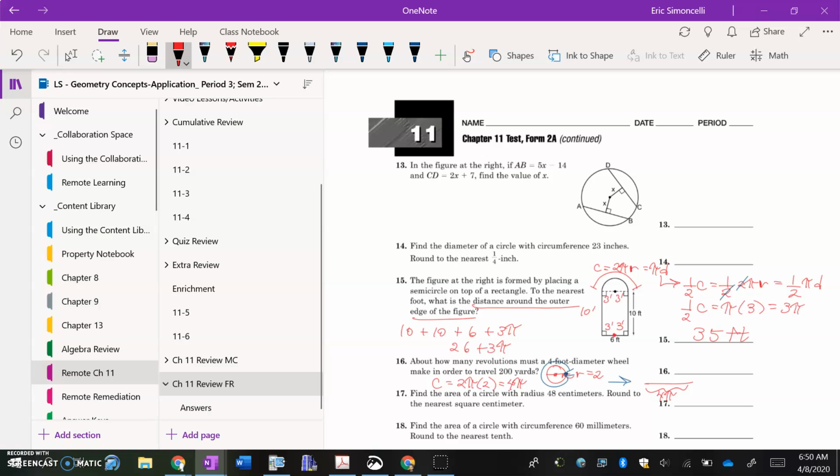Now it wants to know how many revolutions. Well, that's just one revolution, 4 pi. Okay, I'll write 1 rev. We want it to travel 200 yards. Remember, we did put this in the context of feet. So we can either convert 4 pi feet to yards, or we can convert 200 yards to feet.